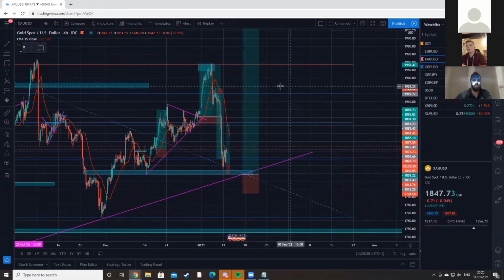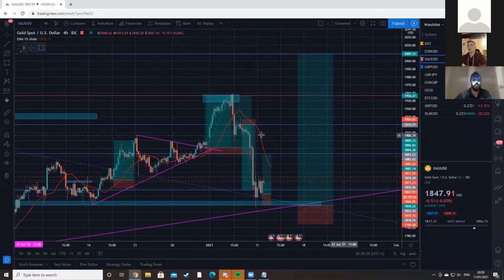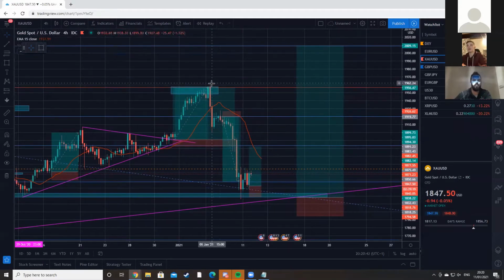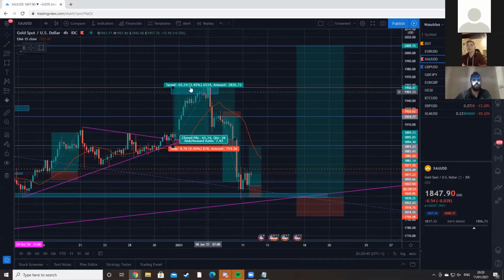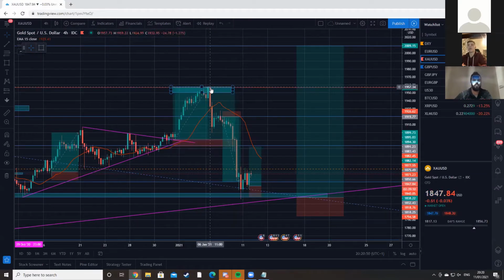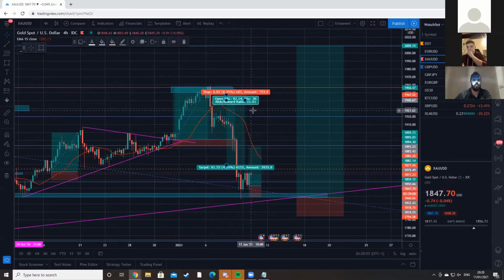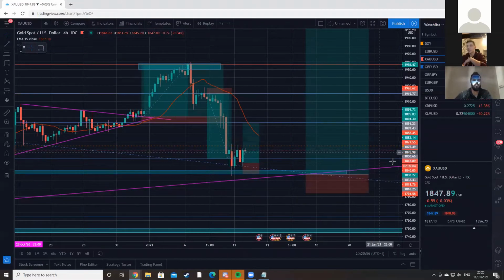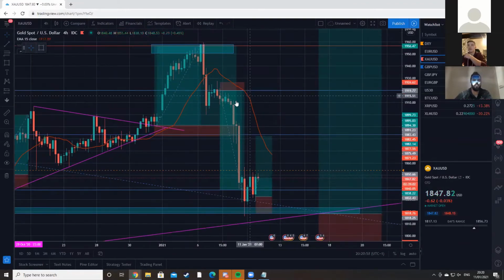Basically, for the guys who were on the call last week, I said I was buying gold right here, and my take profit would be around 15.55-ish, which we hit perfectly around my zone. After that, we saw an immediate drop to the downside, and then this was what I did.